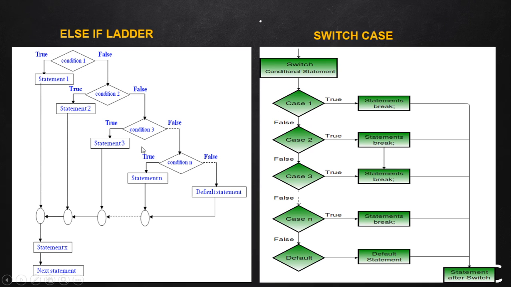So we can extend this condition checking up to any number of levels. Finally, if all the conditions specified here give a false value, we can execute a certain default statement if needed and go for the execution of the remaining part. Only in that case can we execute this default statement.